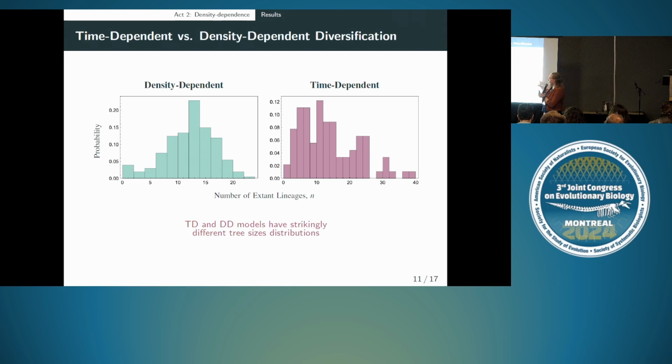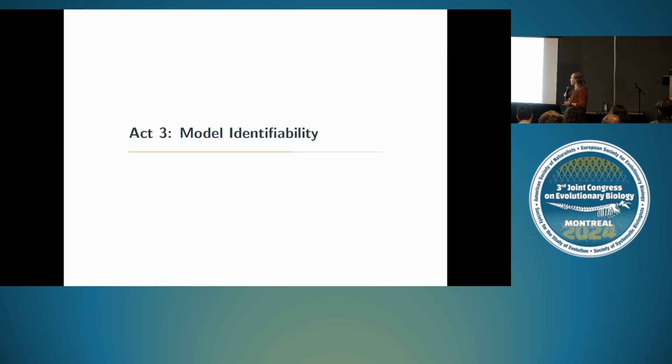And you can see here, notice that the x-axis is on a very different scale, that these two distributions are not at all similar to one another. So while we can't see the difference between time-dependent and density-dependent on an instantaneous rate version, we can see those accumulated differences over time in terms of tree size. So tree size does not give us the same information as the branching density.